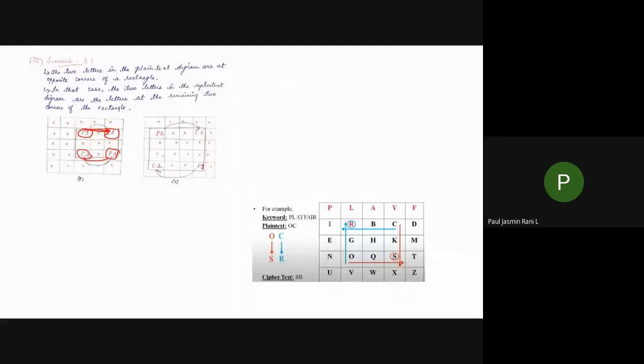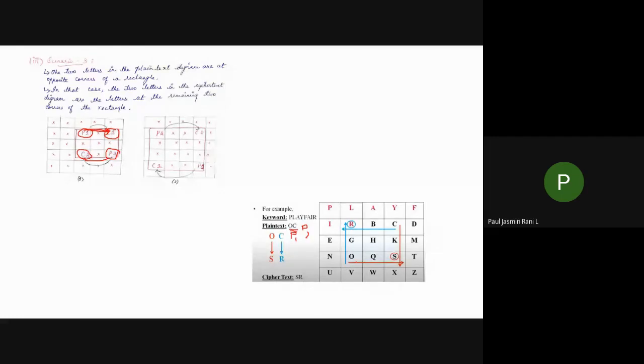Let us see one example. For the plain text OC, see where it exists in the 5 cross 5 matrix. O is your plain text 1, that is P1, and C is your plain text P2. From this matrix, see where O exists.